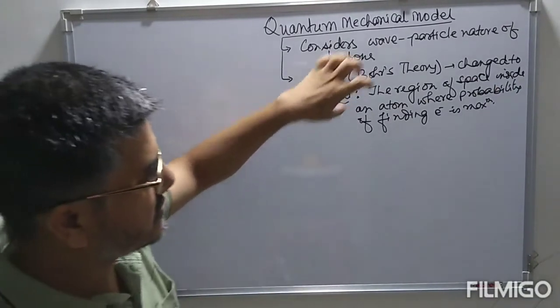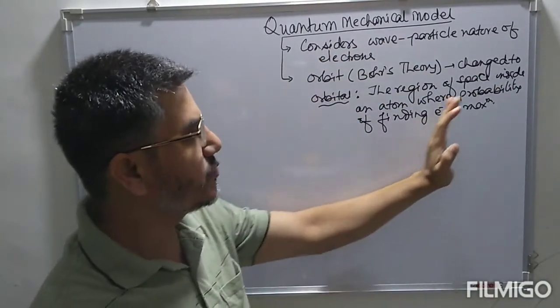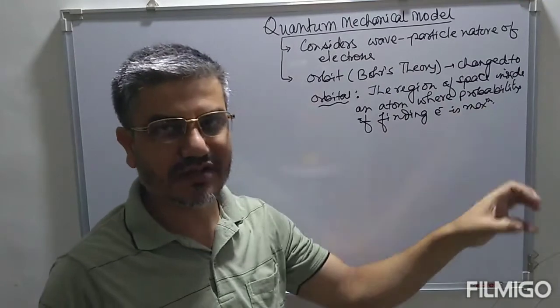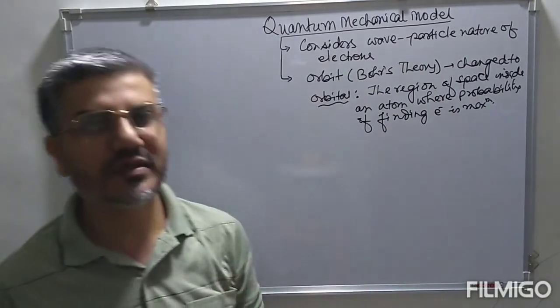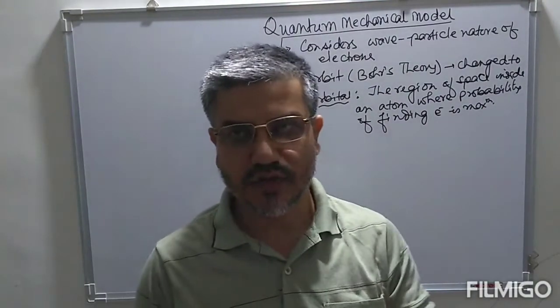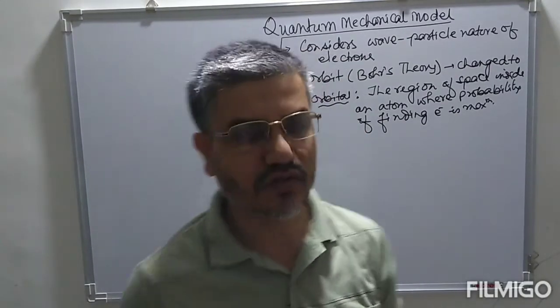Orbital is a particular region inside an atom where the probability of finding the electron is maximum. So we can talk of the probability of finding the electron, and we have to define what this probability is.